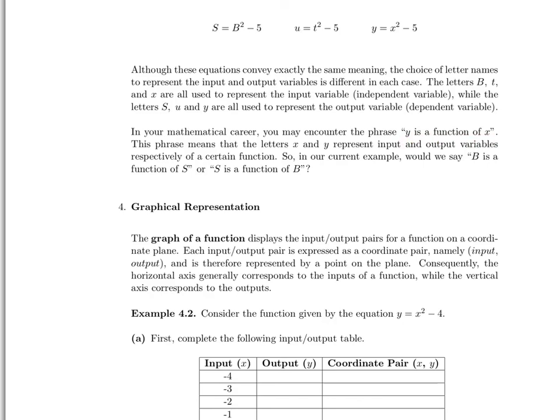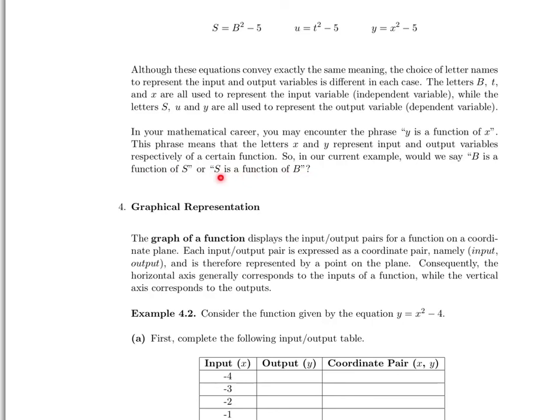So in our current example, if we look at the equation involving the variables b and s, would we say b is a function of s, or would we say s is a function of b? Well, let's translate these. b is a function of s. That means b depends on s. In other words, b must be the output and s is the input.